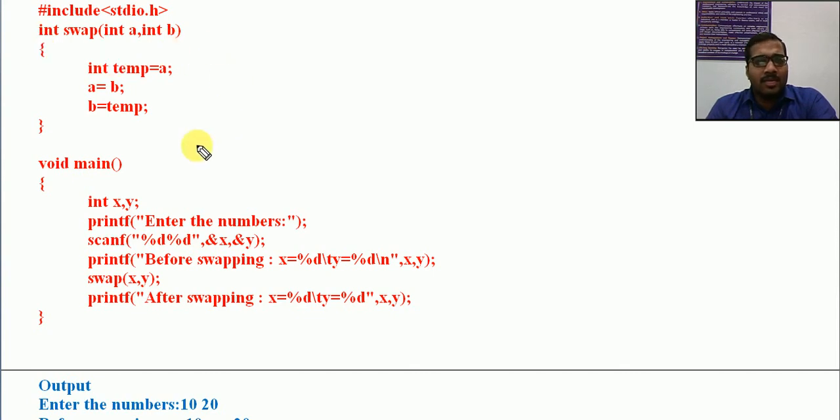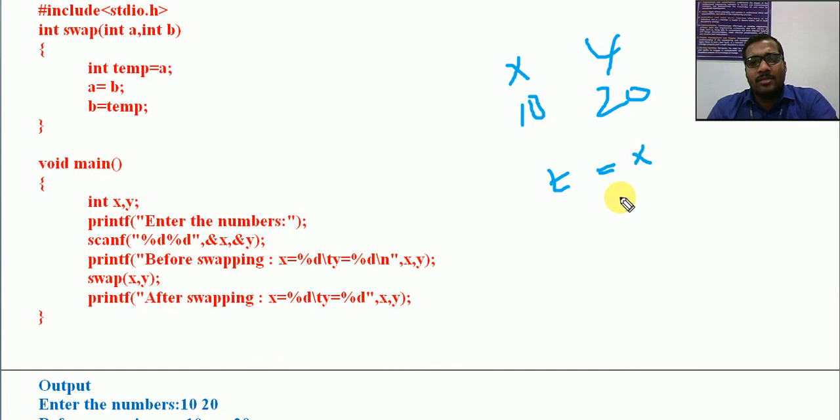We will see the exact logic of the program swap. So for example, x is 10 and y is 20. How will we be doing swapping? The x value moves to y and the y value moves to x. So we will be using a temporary variable: temporary equal to x, then x equal to y, then y equal to temporary.